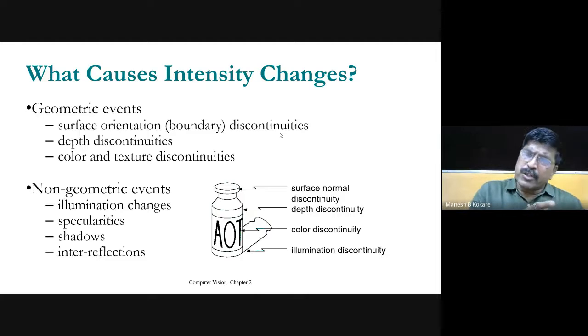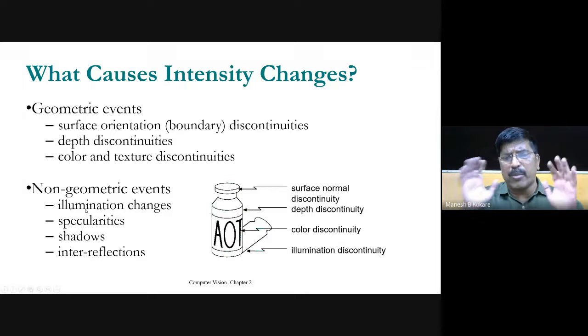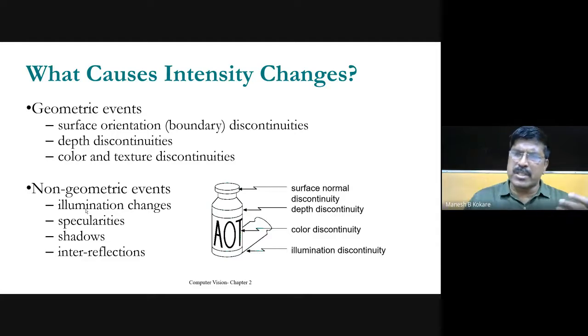If there is a color discontinuity, there will be an edge. If there is a texture discontinuity, there will be an edge. These come under the geometric events or discontinuities. Whereas non-geometric events, for example an illumination change, a shadow, a specularity, or inter-reflections, will also form the edge.